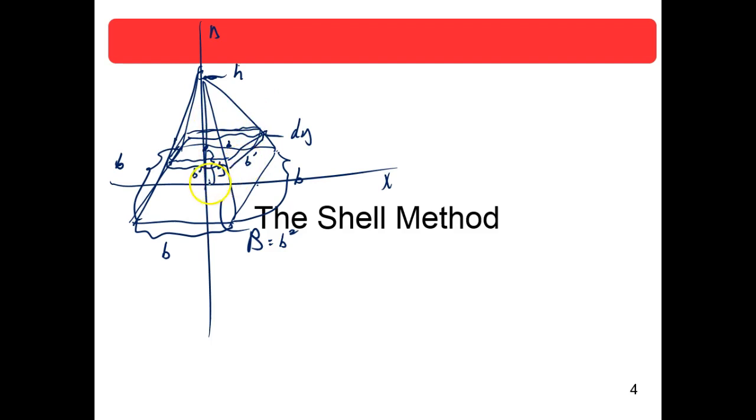Now, if you look at this from the origin here out to here, that's going to be b over 2, right? Because the total length here is b. Half of that is to the right of the axis, half to the left. So this is b over 2.